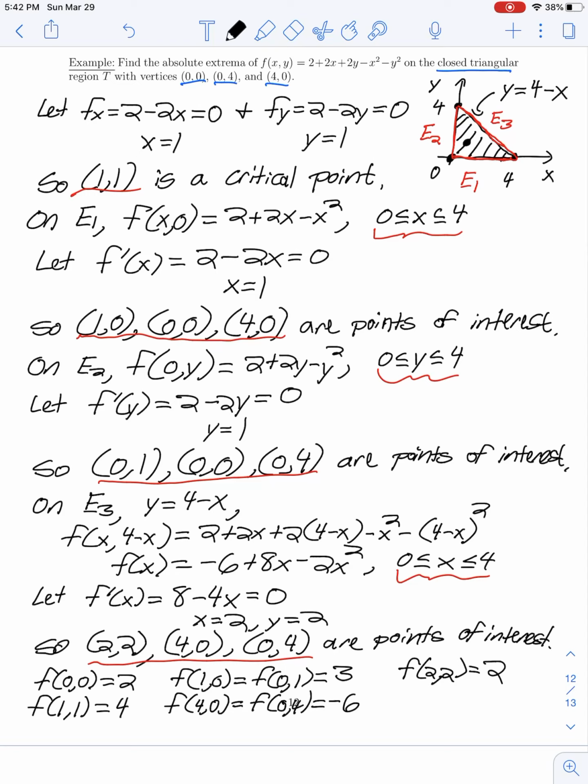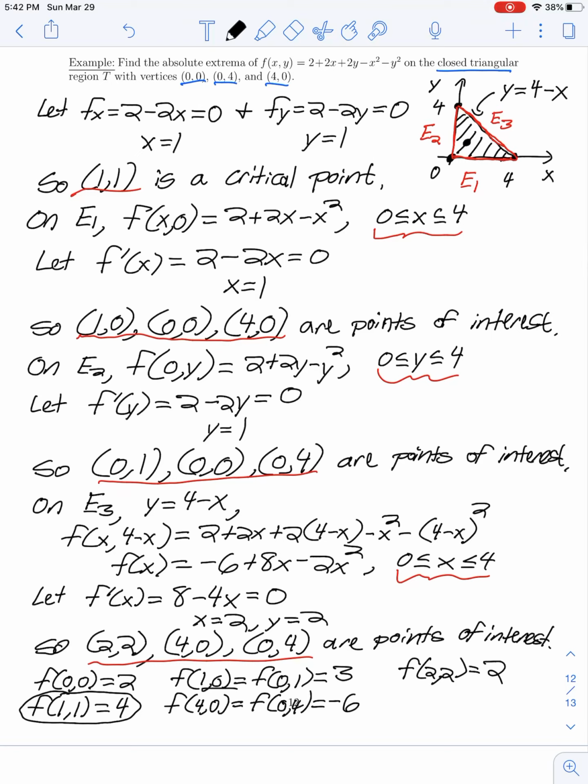So once we find all these points of interest, we evaluate our function f at each of those points, and then the largest and smallest values that our function takes would be the absolute maximum and absolute minimum values.